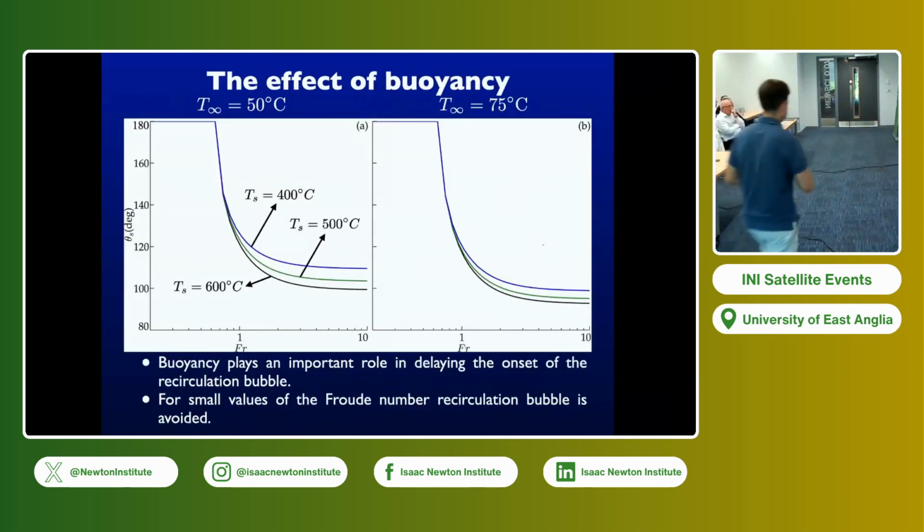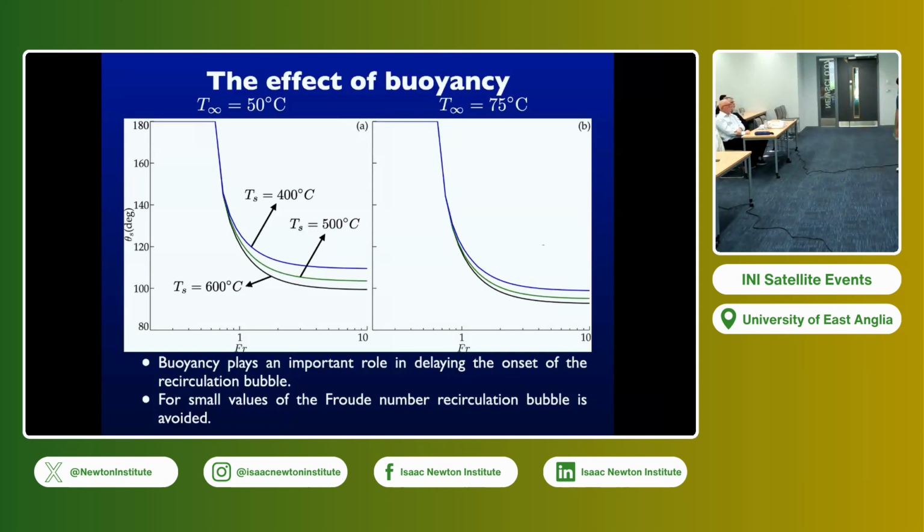Finally, we try to study the effect of buoyancy in the vapor stream. Here we have two cases again for 2 degrees of subcooling, for the temperature at infinity corresponding to 50 degrees Celsius, and the case on the right for 75 degrees Celsius. We also consider 3 temperatures.